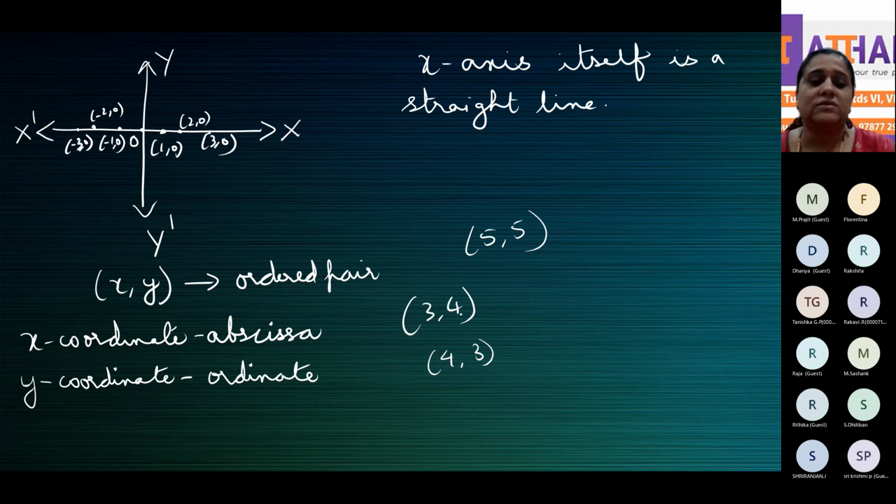Otherwise, the ordered pair 3, 4 is different from the ordered pair 4, 3. That's why it's called an ordered pair.